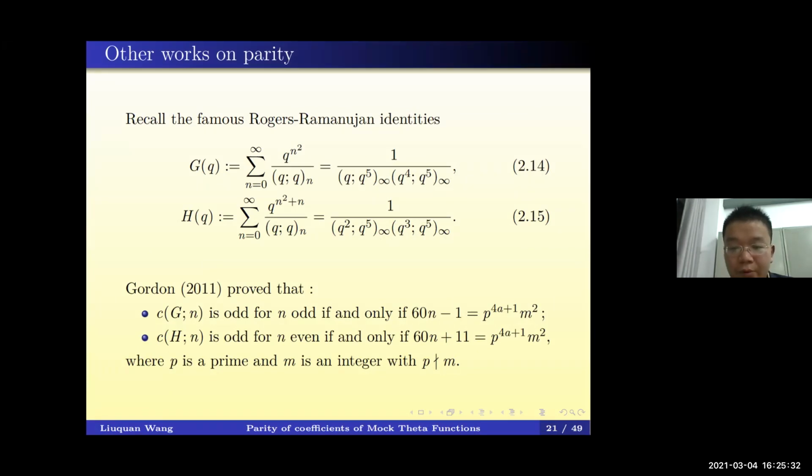Here p is a prime and m is an integer which is not divisible by p. And he proved a similar result for the coefficient of H(q).